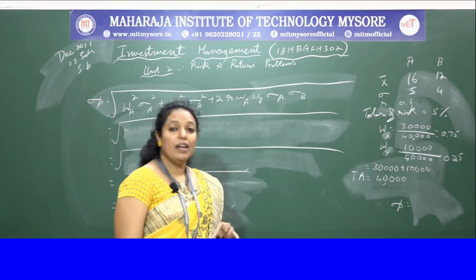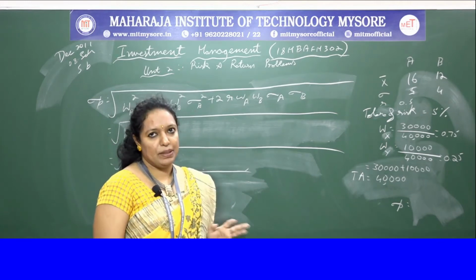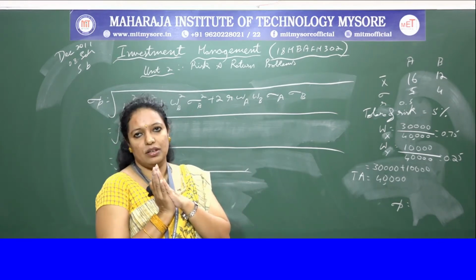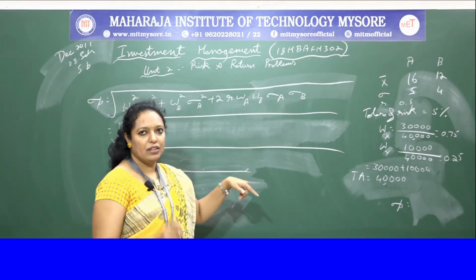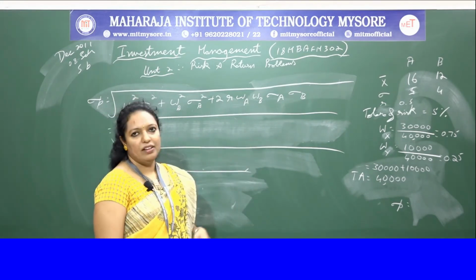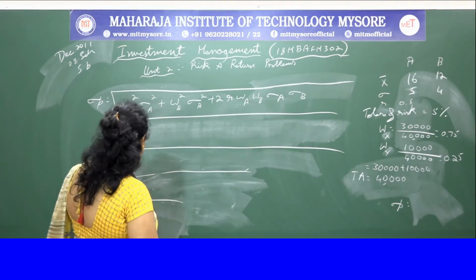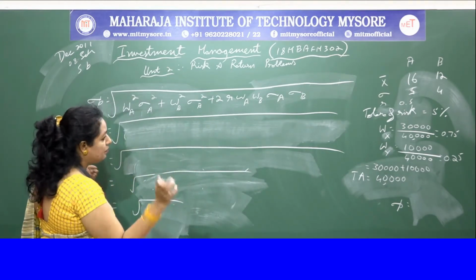This is how you have to calculate. When weights are not given and the investment in both the companies is given, add those investments. After adding those investments, just divide by the total. You get the weights. Now substitute that into the formula.